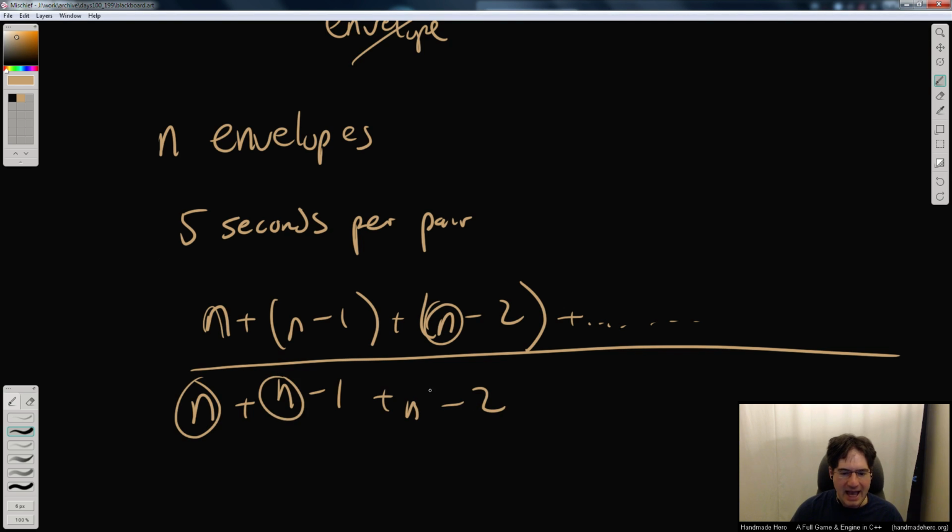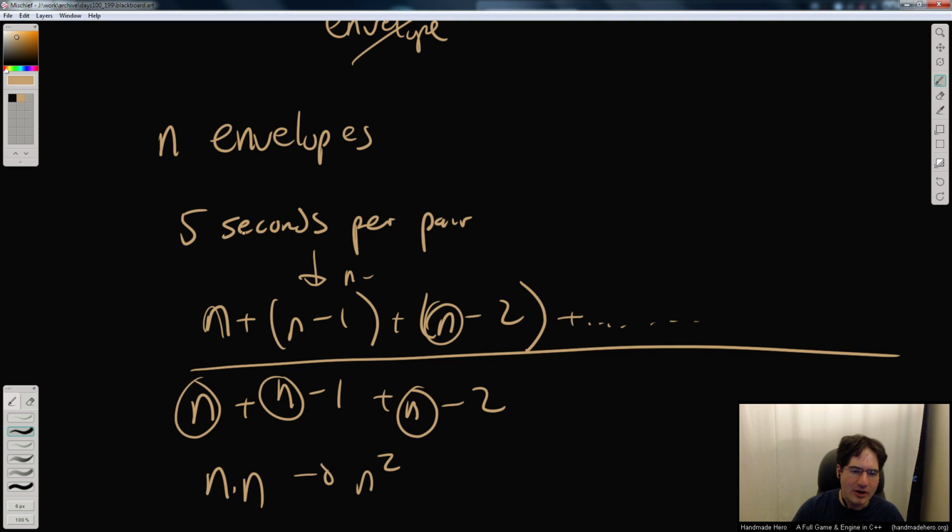I'm going to get as many n's as I have terms here. I've got n minus 1 of these terms, because until I get all the way down to 0, I have to keep going. And so that means there will be n terms, or n squared, right?